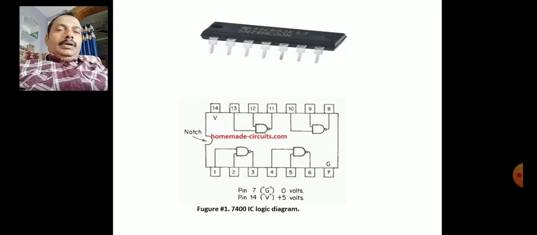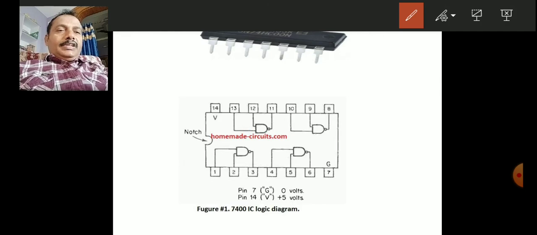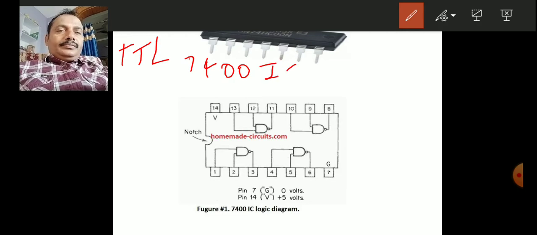Now let us see in detail. Consider this is the 7400 TTL IC. It has 14 pins.